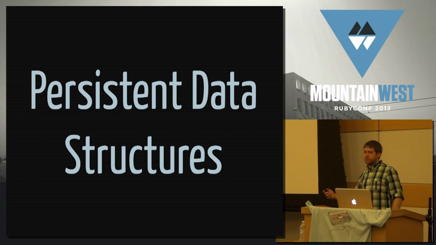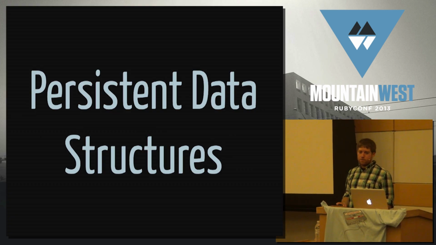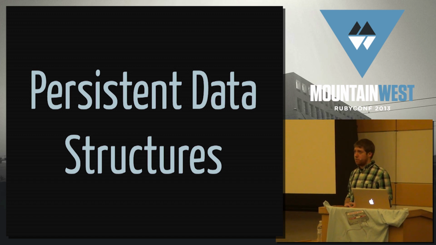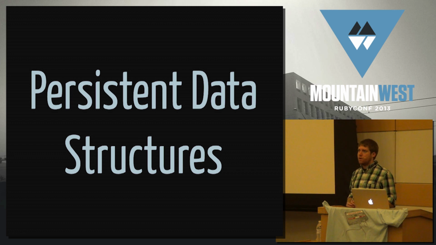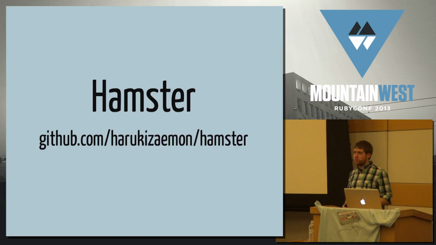Awesome. So I mentioned persistent data structures earlier. Persistent data structures are immutable data structures where when you try to change the data inside of it, rather than changing it, it actually returns you a new copy with the modifications applied to it. And so there's an awesome library for doing this in Ruby called Hamster, and I believe these are also built into Rubinius.